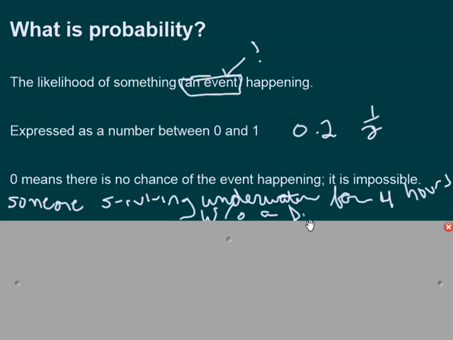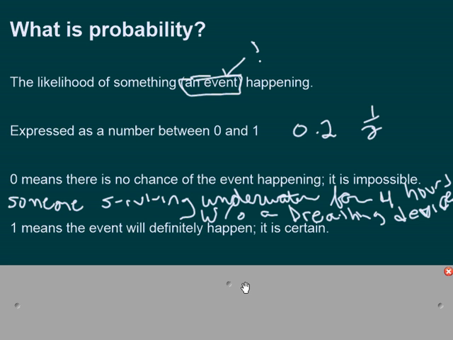Okay, if you're underwater for 4 hours and you don't have a breathing device, you are going to die. So the chance of you surviving for 4 hours is impossible. It would be a probability of 0. Sorry, guys, my writing is horrible. That says someone surviving underwater for 4 hours without a breathing device.